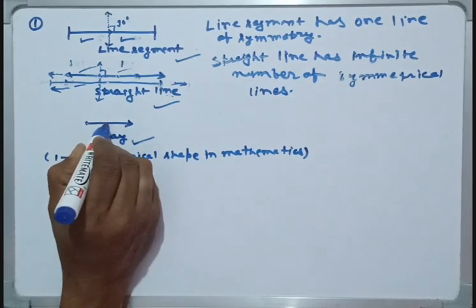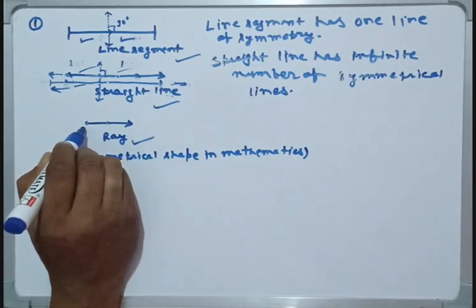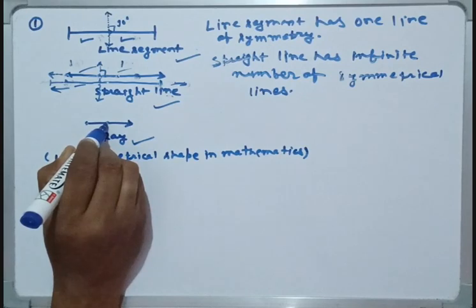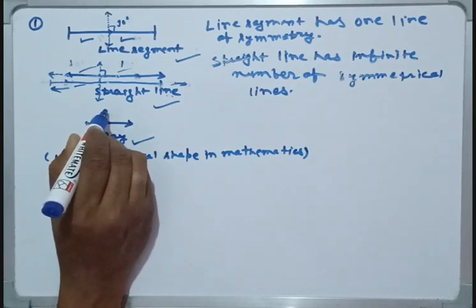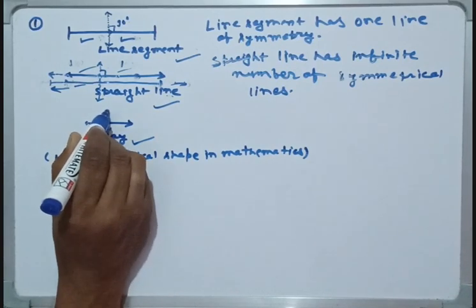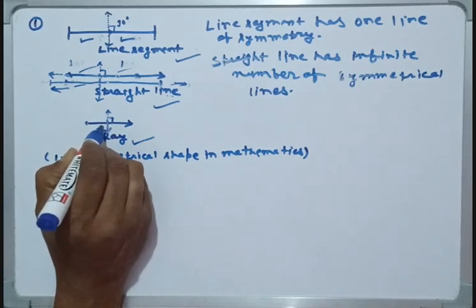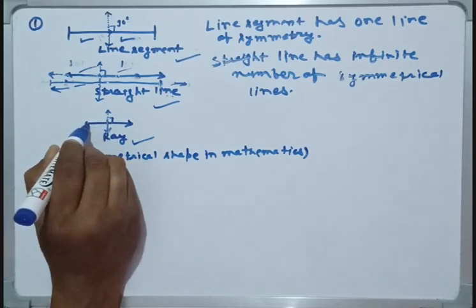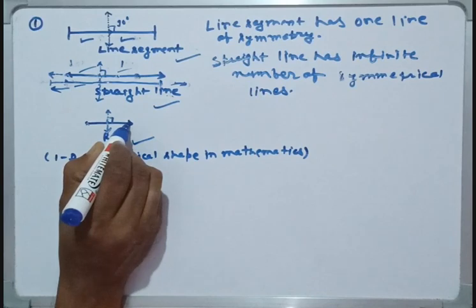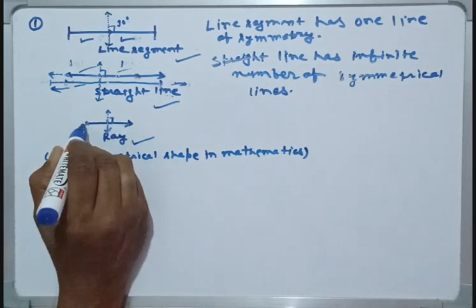So if we draw any point here, see this is not identical with respect to this point, or you can say when we draw an imaginary line like this one, this half part and this half part are not identical shape and size because here is a fixed point.